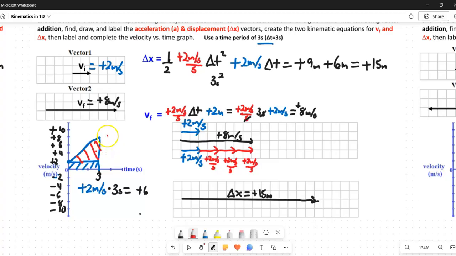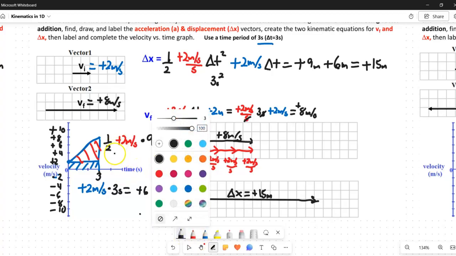So this is the 1/2 times +2 meters per second times 3 squared, which is going to be 9 seconds squared. So in other words, that is going to be 18.